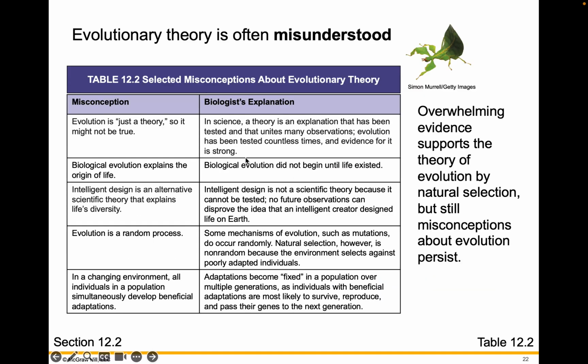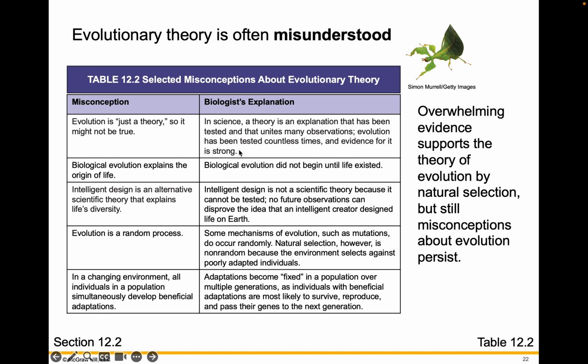All right, evolutionary theory is also often misunderstood or misrepresented. So some common misconceptions are that evolution's just a theory, so it might not be true. Well, in science, the word theory means that it's an explanation that's been tested and unites many observations.